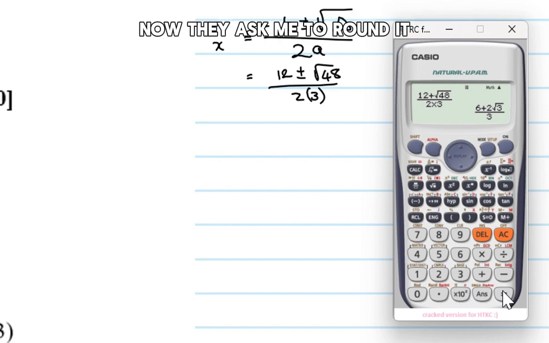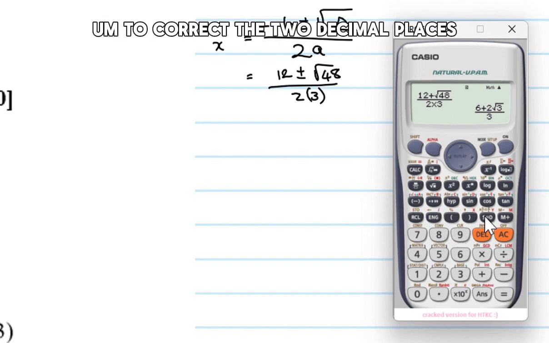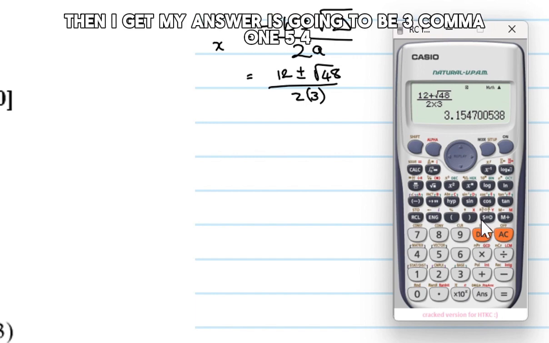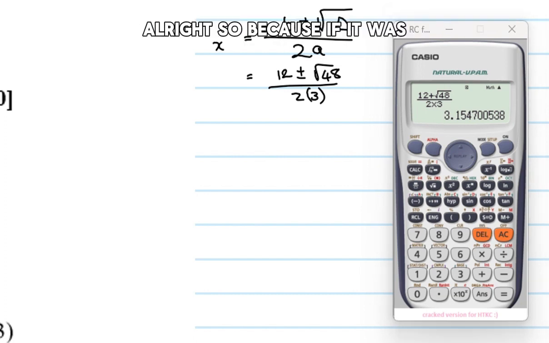Now they ask me to round it correct to 2 decimal places. I press the SD button there, then I get my answer, 3,154. Because if the number after that would have been greater than 5, then it would have been 16.